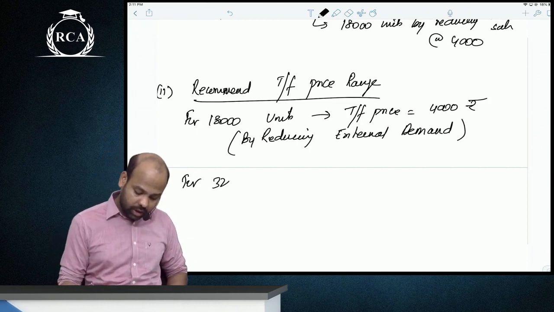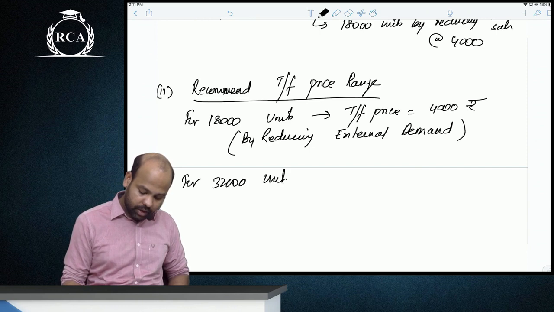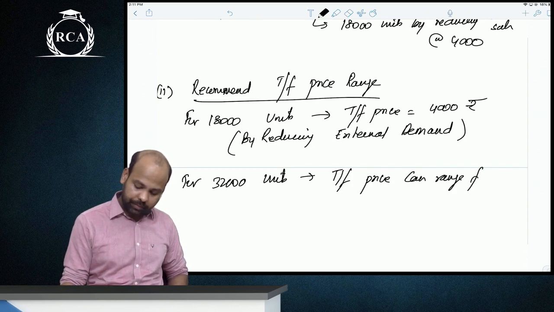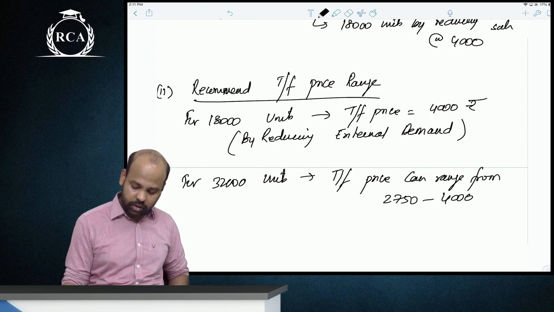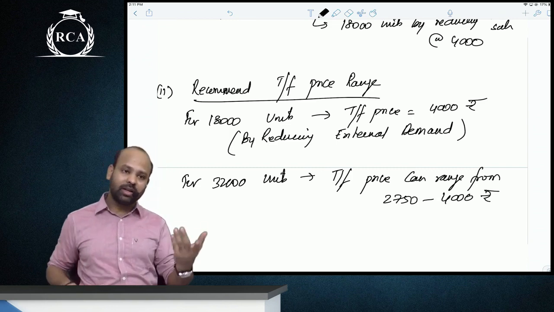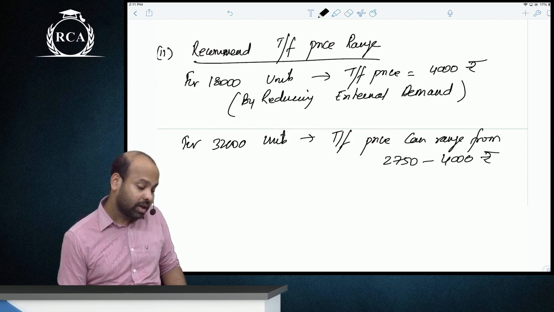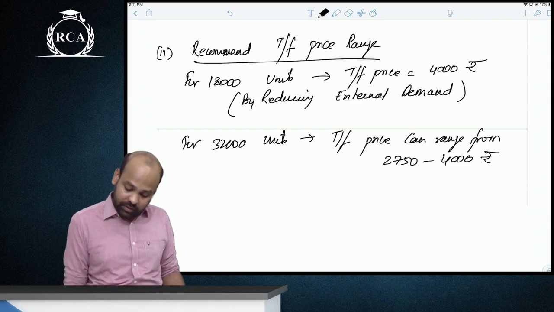For 32,000 units, the transfer price can range from 2,750 to 4,000 rupees, assuming that the other division can buy from the external market at 4,000 rupees. Division A can procure from the external market at 4,000.